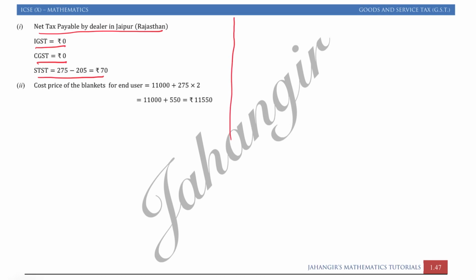So now the cost of the blanket for the end user. The tax paid by the end user is equal to 5% of 11,000, because 11,000 was the purchase price and 5% as CGST and SGST is paid by the end user.